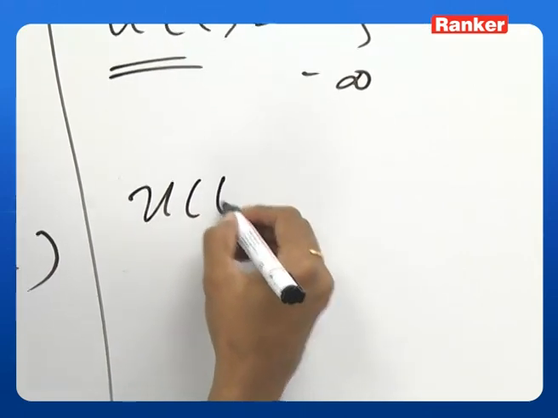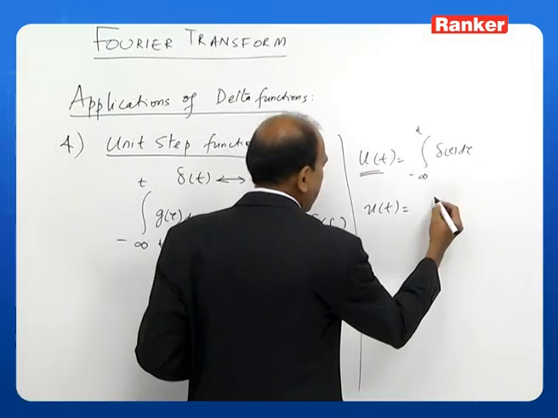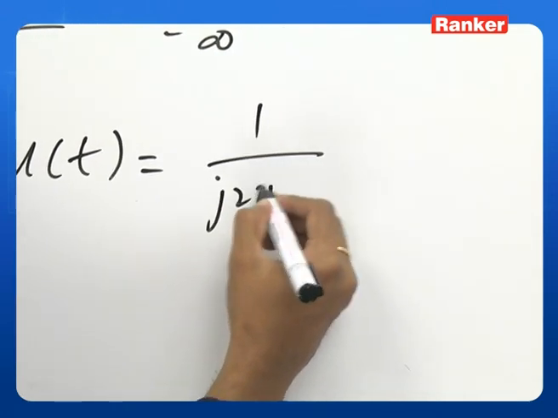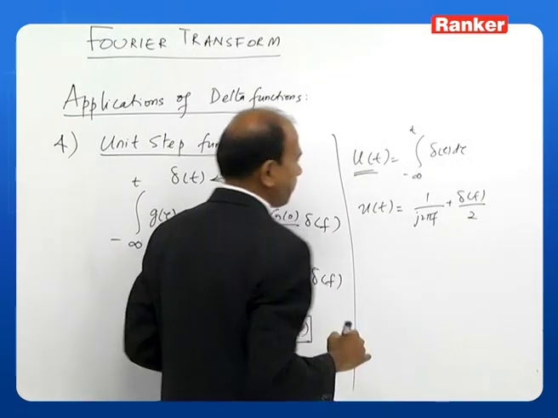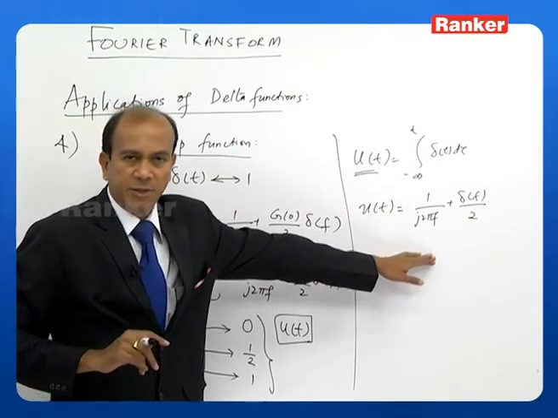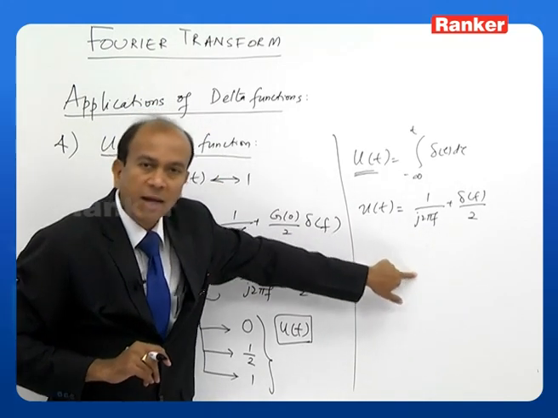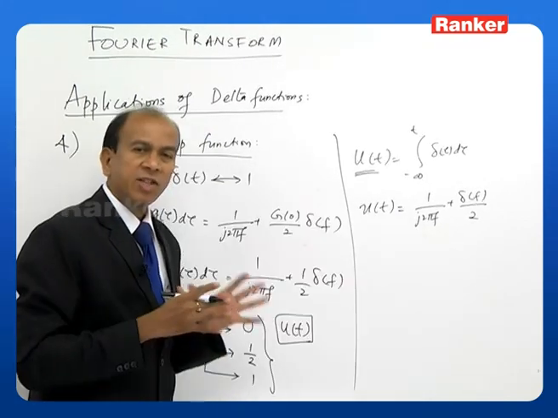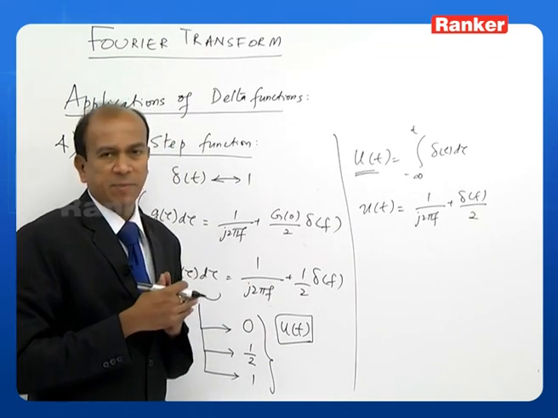We have just seen that it will be equal to 1 by j 2 pi f plus delta f by 2. So, u of t corresponds to 1 by j 2 pi f plus delta f by 2. Let us draw the time domain representation and the frequency domain representation here.